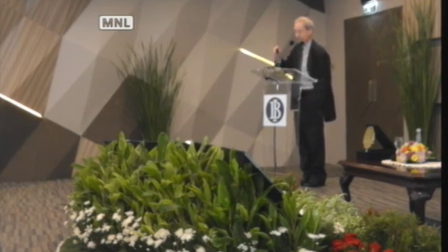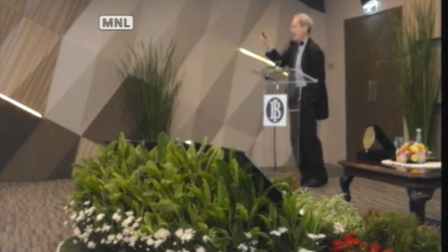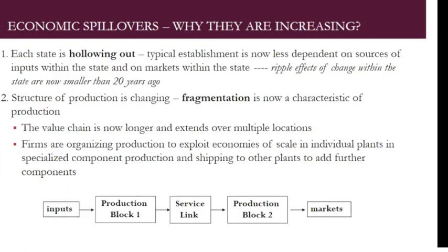And this, I think, is going to be very important. There are two things that are creating these spillovers that I list here. One is the process of hollowing out. Firms are now much less dependent on sources of supply in their local region and much more dependent on sources of supply, often with very wide differences.